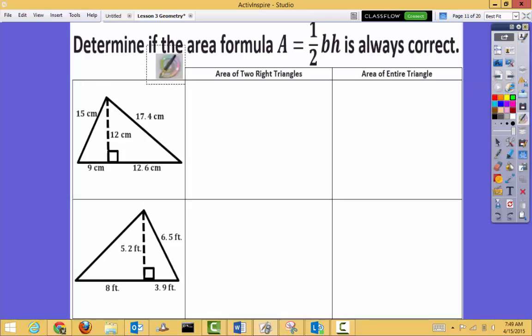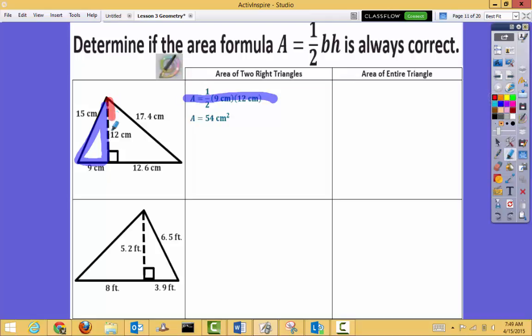Alright, so what was the area of the 2 right triangles? Well, here is the area of one. This triangle is what portion? Well, it is this portion. And when I multiply them out, I get 54. Now, what's the area of my second triangle?